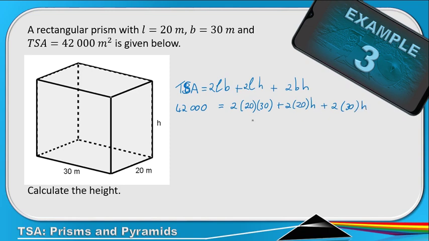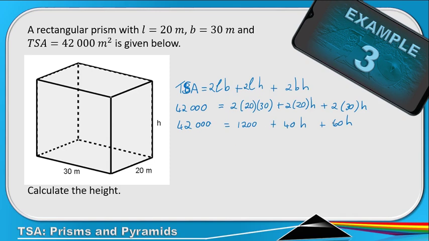Now we simplify everything and then we solve for h. So 42,000 equals 2 times 3 is 6, that's 600 times 2 is 1,200, plus 40h plus 60h.